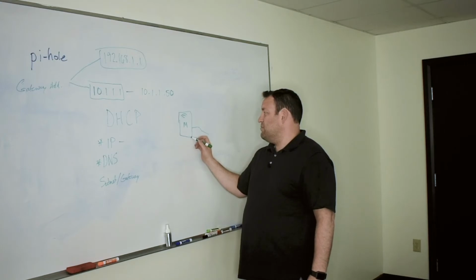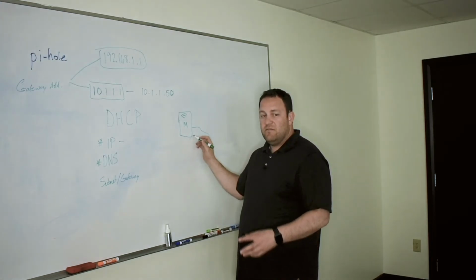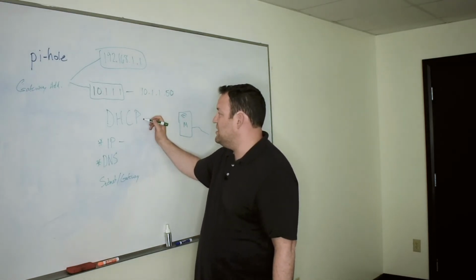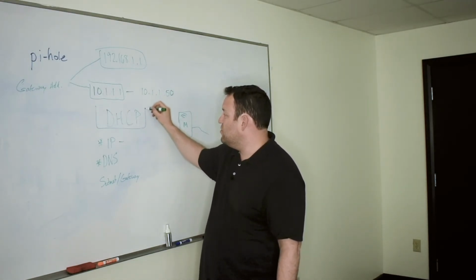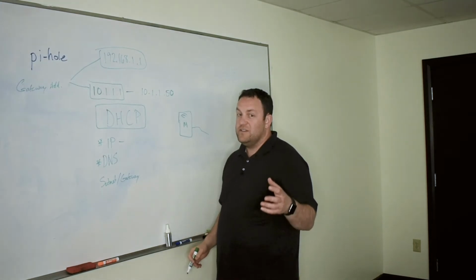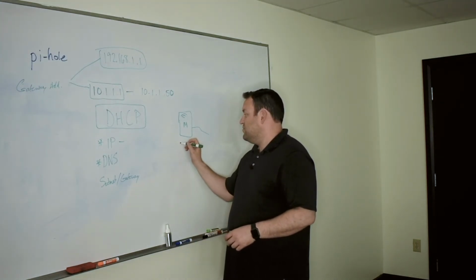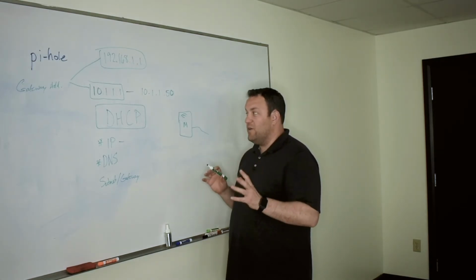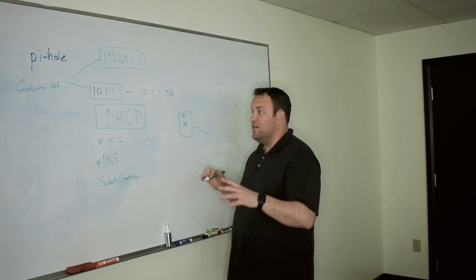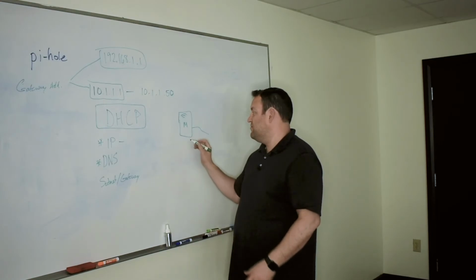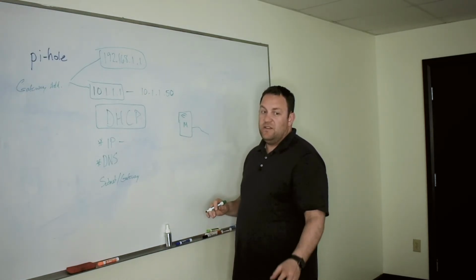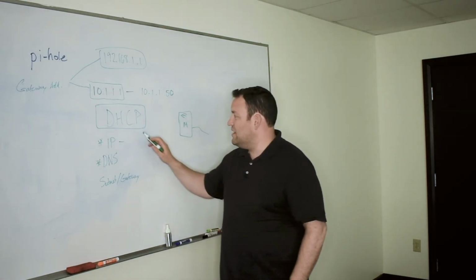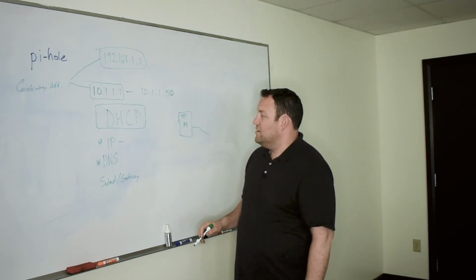Usually you can look up the model of the router and just Google how to sign in to change DHCP settings. So if you Google that, Google how to sign into, insert the model name here, how do I change the DHCP settings on this model of device? You Google that, follow those instructions, and you're going to change the DHCP settings accordingly.